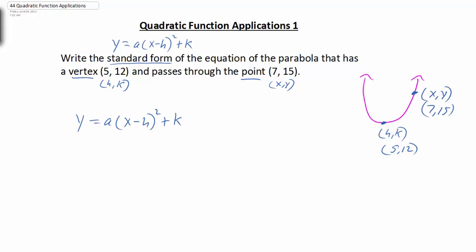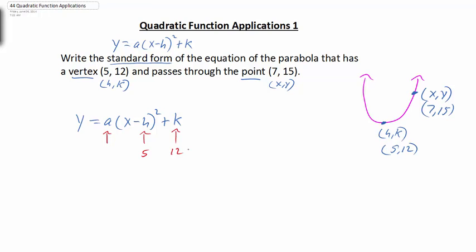To come up with the equation, we need to know a, h, and k. Well, we already know h is 5, and we know that k is equal to 12. So the only thing that we have left to find is a.